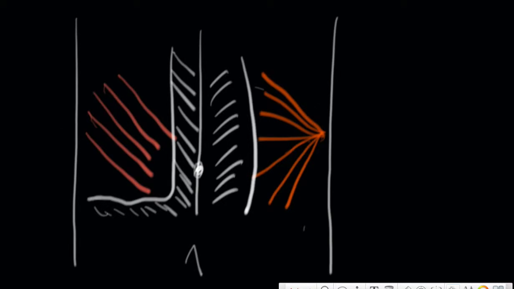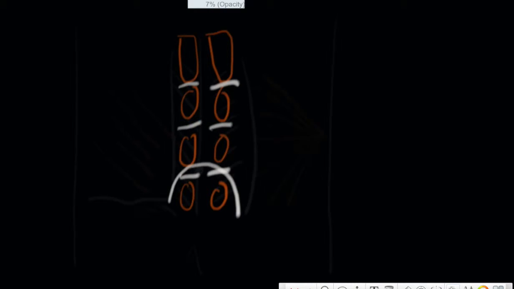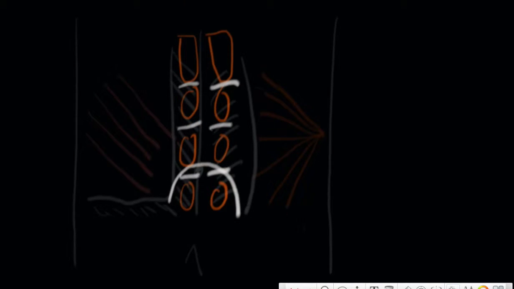Let's bring back our rectus abdominis muscles. We'll clear these out a little bit. The rectus abdominis has the exact same blood supply and innervation as the external oblique.